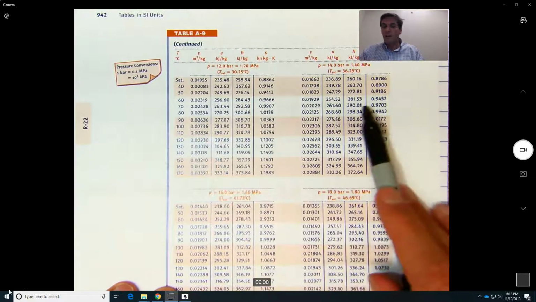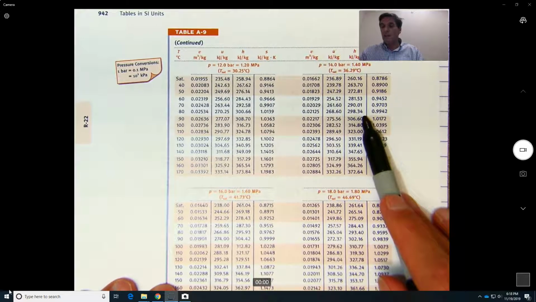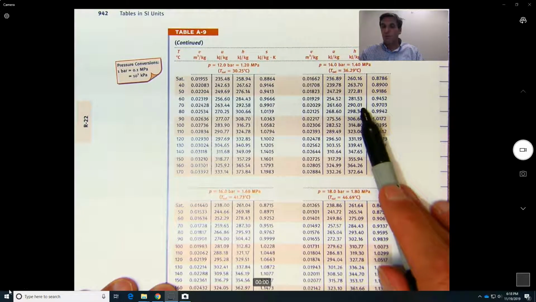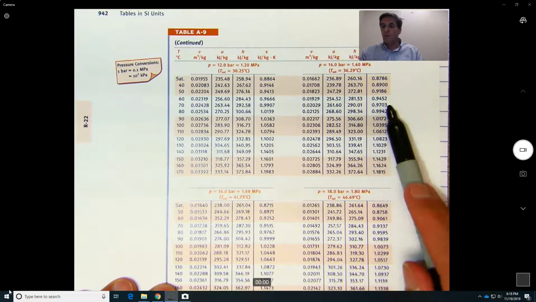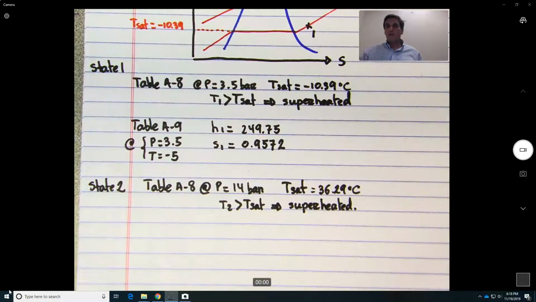So we can add the value at 70 and the value at 80 and divide by 2, and it should give you 75. For H: 290.01 plus 298.34 divided by 2. And for the entropy: 0.9703 plus 0.9942 divided by 2. Okay, so let's do that.